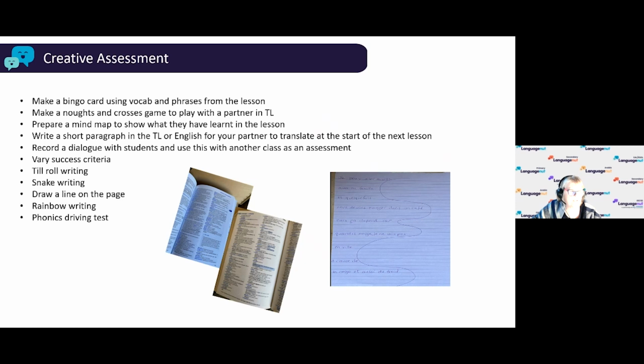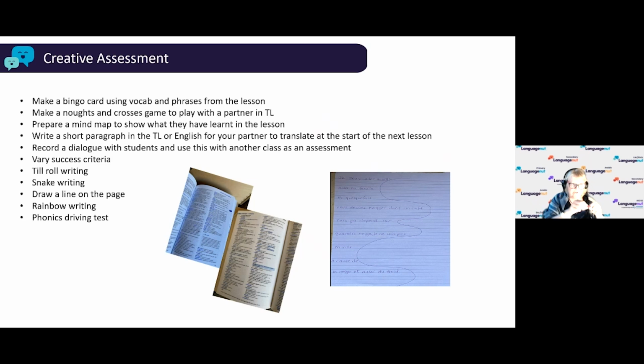The till roll writing is something which came as an idea from my thing that we will see a little bit later on, and I'm mindful of the time. I've got the long pieces of wallpaper, and I've used them for the students to write on or for the kids to draw on. The till rolls that you buy, you get them from Amazon. They're about 20 quid for, I don't know, 25 rolls.